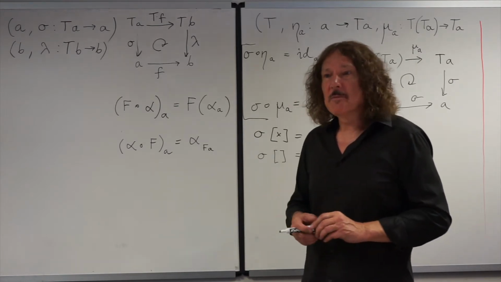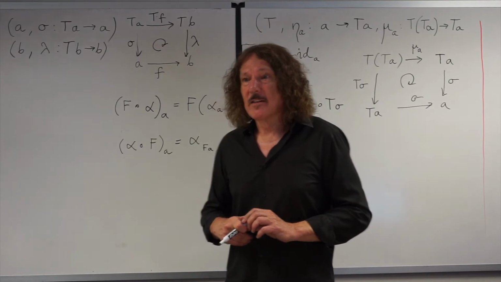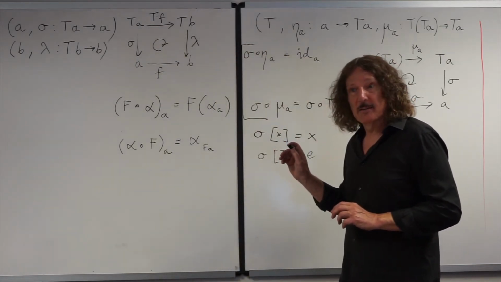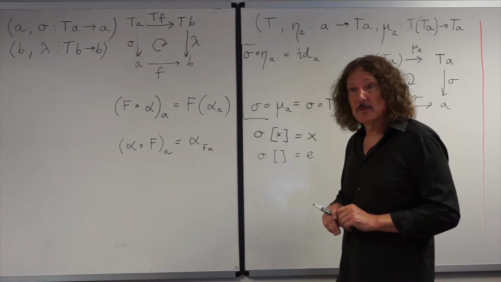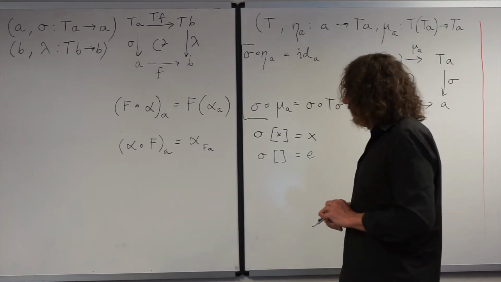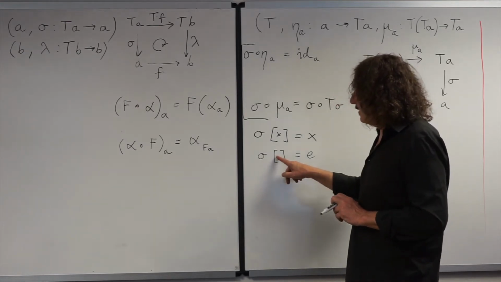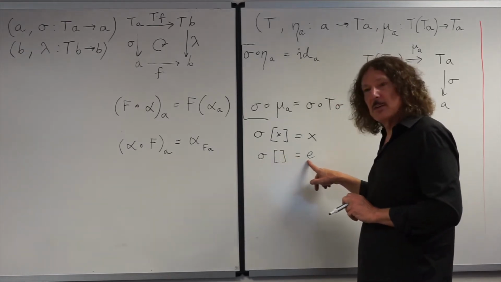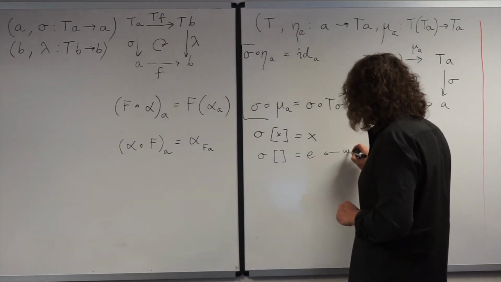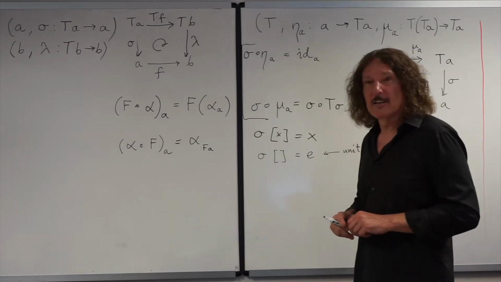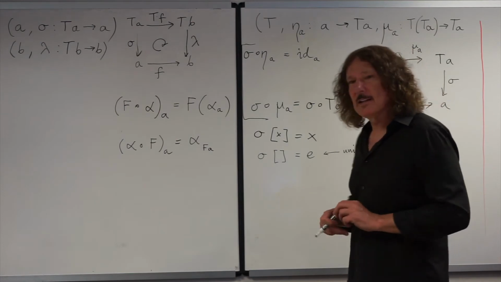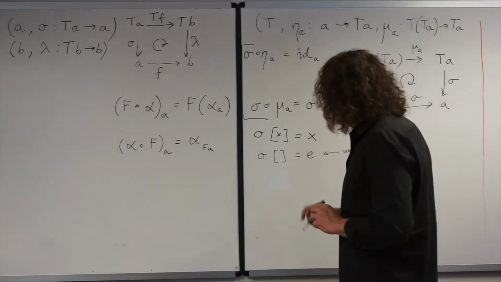Now, what I'm going to say is that algebras that are compatible with the list monad have to be monoids. Okay? So sigma acting on an empty list gives us some value E. And I'm claiming that this is the monoidal unit. Okay? You don't believe me yet, probably, and shouldn't, right? How do I define multiplication?